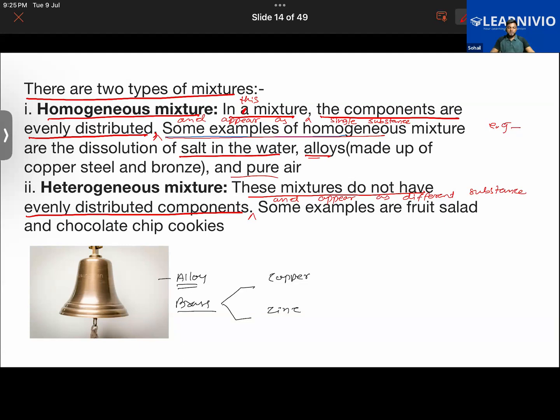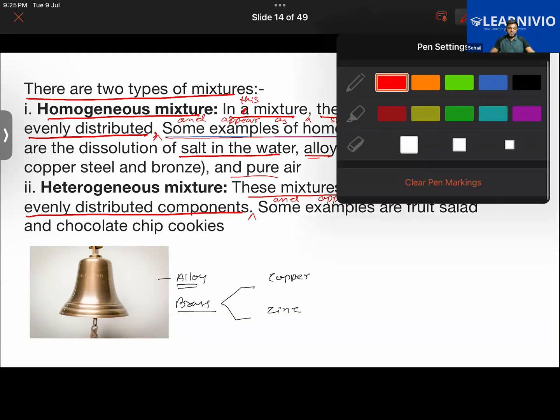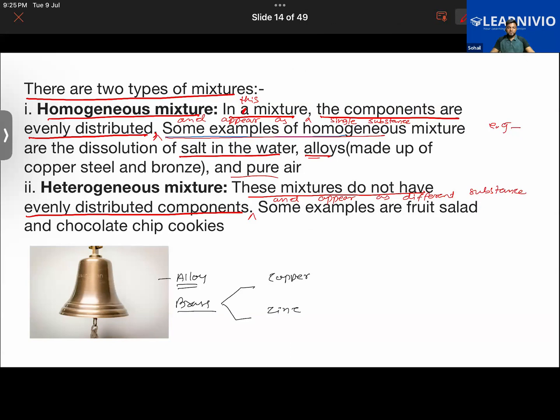Okay, I'm naming some substances. You have to tell me whether it's an example of a homogeneous or heterogeneous mixture. What about coffee? Homogeneous. Good. What about chocolates? Homogeneous. What about orange juice?